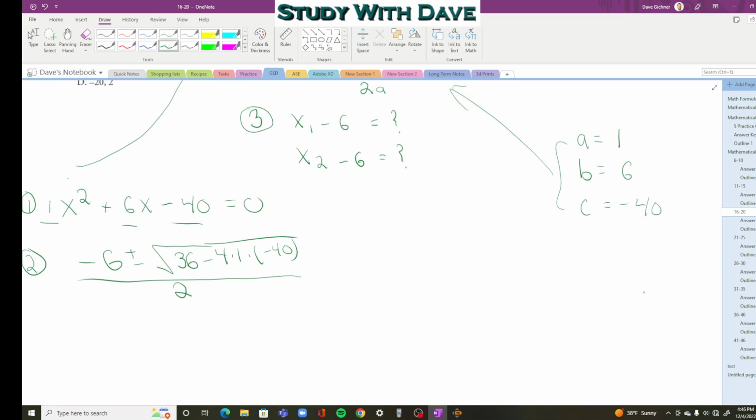All right, now let's simplify this a little bit. So this is the same as negative 6 over 2, because we're just going to split this up, plus or minus.